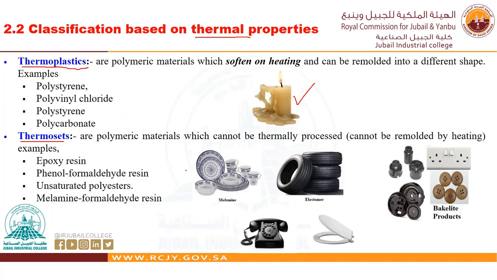There are some polymers that do not melt, that cannot be thermally processed, which means that they cannot be remolded by heating. For example, when you take a paper and you put fire on it, paper does not melt; it decomposes. So polymers that behave like paper when heated are called thermosets. An example is melamine, and thermoset elastomers like the tire.